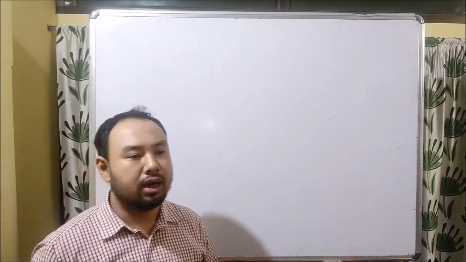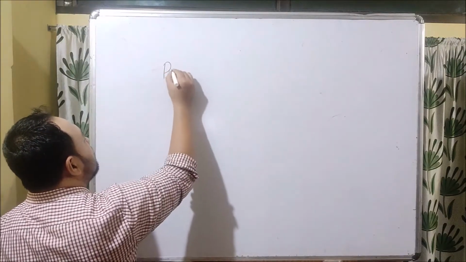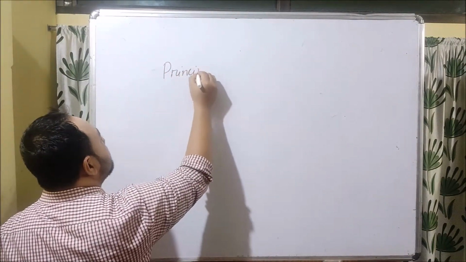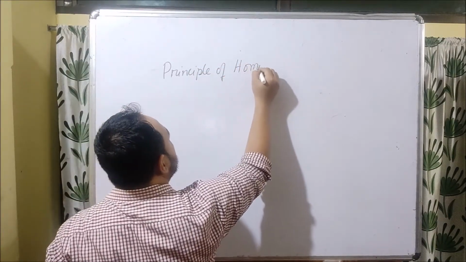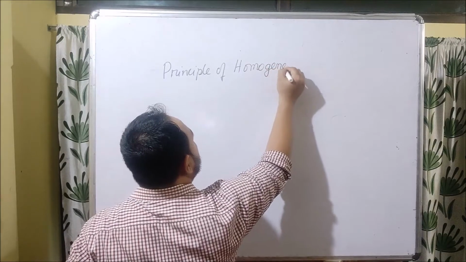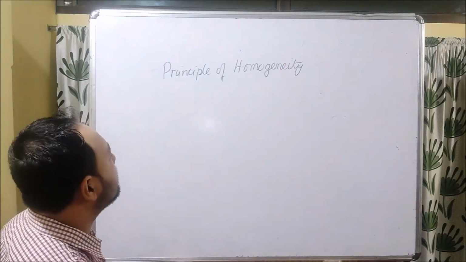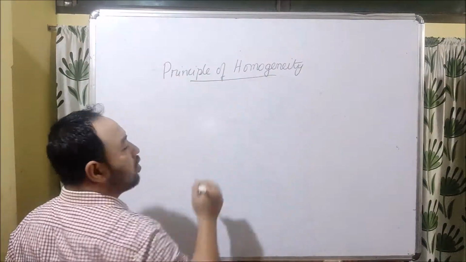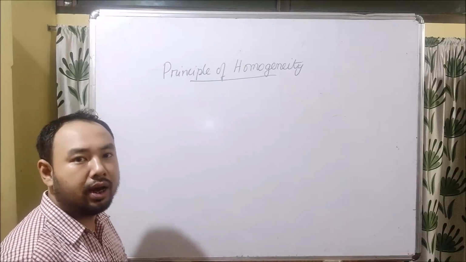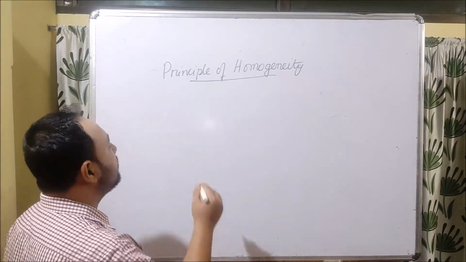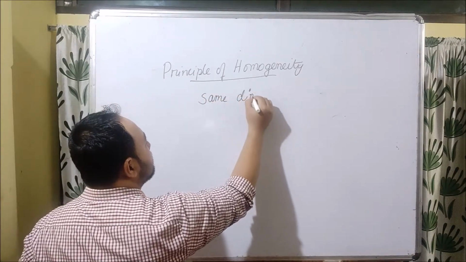For dimensional analysis, we have to understand two basic points. The first is the principle of homogeneity. So the principle of homogeneity states that for two physical quantities, in order to add, subtract or equate, they have to be of the same dimensions.